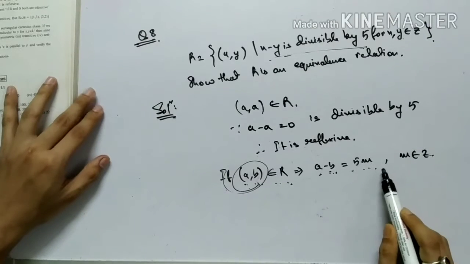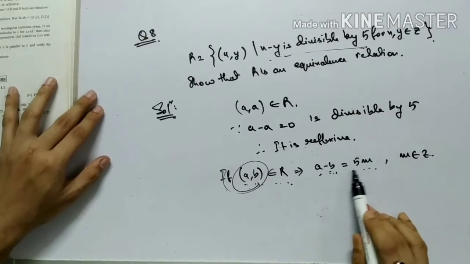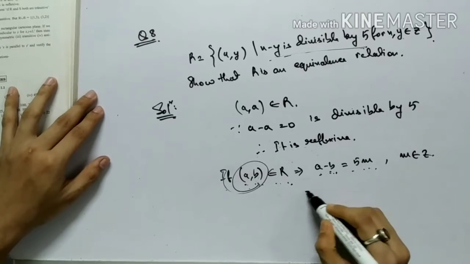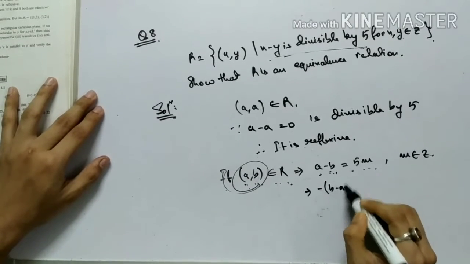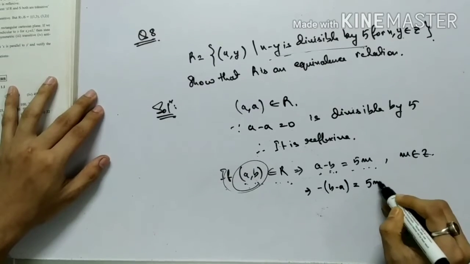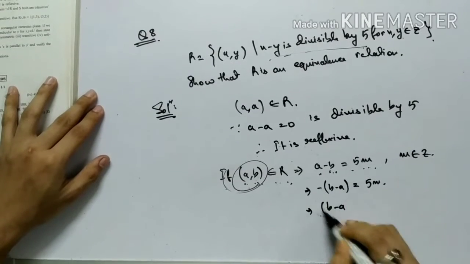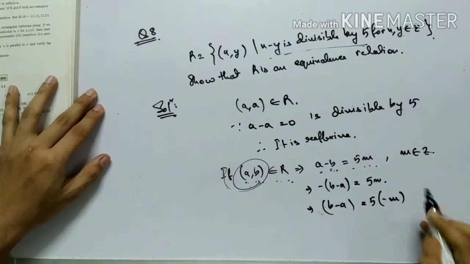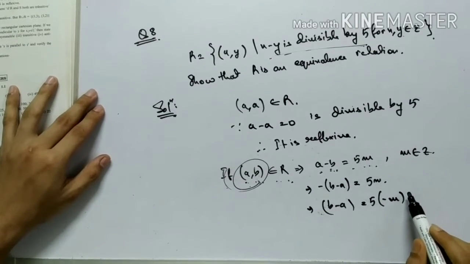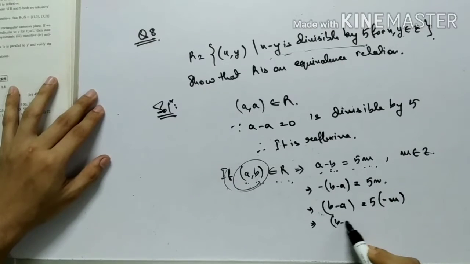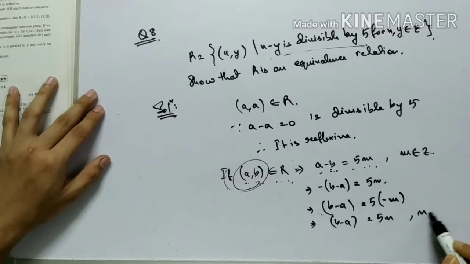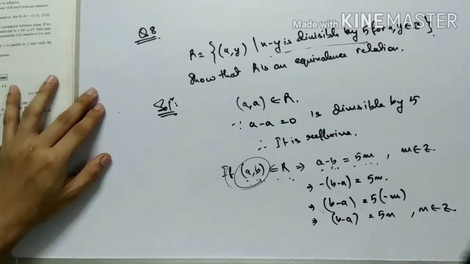Because A minus B is divisible by 5, which I write as A minus B equals 5m, where m belongs to Z. If I take minus common, then B minus A can be written as 5 into minus m. So B minus A is equal to 5n, where n belongs to Z.